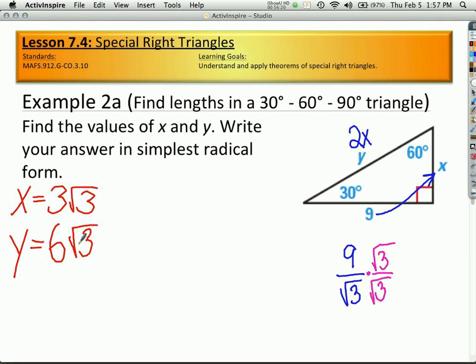And so we have found the values of x and y, the missing lengths of this right triangle. Anyone have any concerns or questions about that? Any observations or patterns that you've noticed? Nothing? Okay.